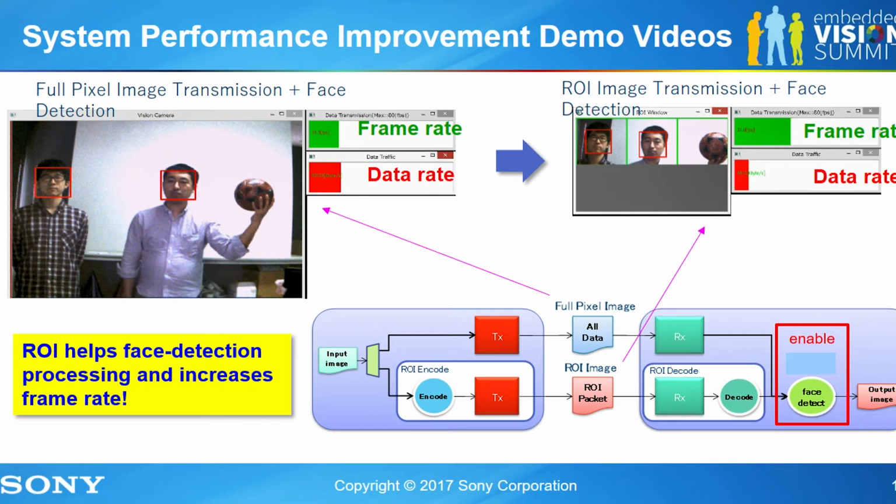As I explained, your processor has a kind of ROI function like post-processing or downscaling. So the processing latency and power can be reduced or alleviated, and increase the performance of the system, or maybe in this case the frame rate.